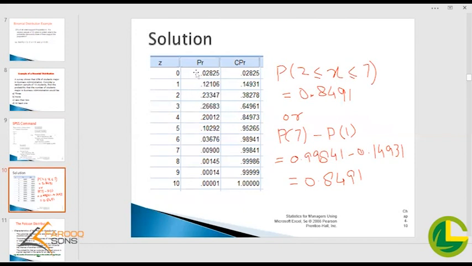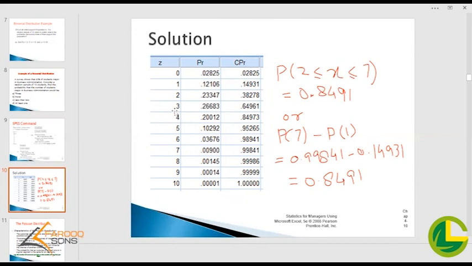Probability less than 3 means 0, 1, 2. Either you add all these 3, or you can give 0.3827 as the answer. Probability of none means probability of 0. Probability of 0 is 0.02825.